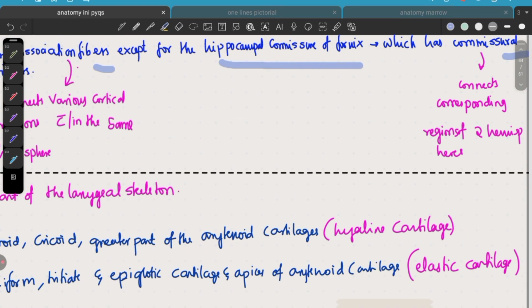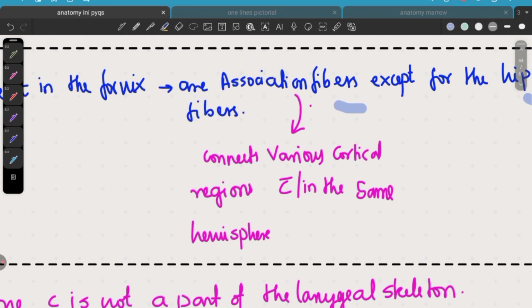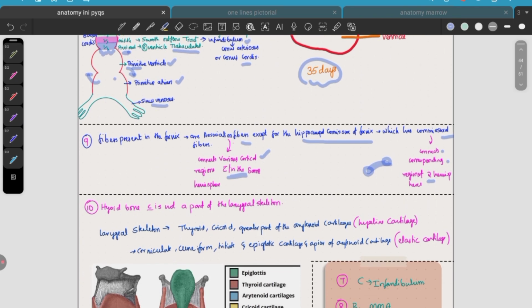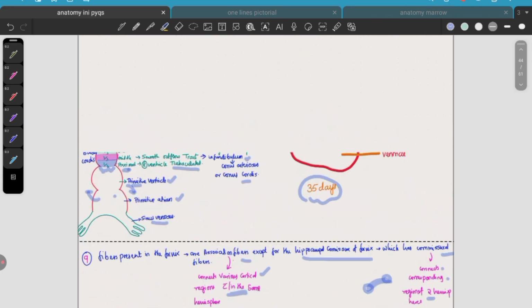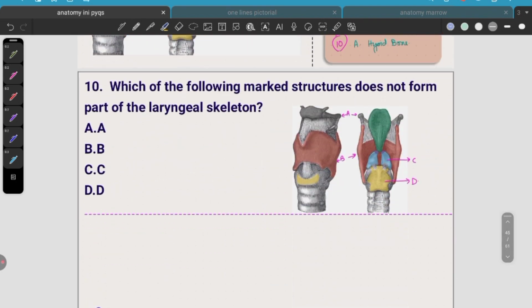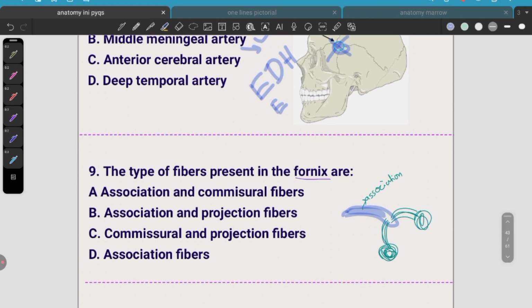It connects the corresponding regions of the two hemispheres, whereas association fibers connect various cortical regions within the same hemisphere. Okay, various cortical regions but the same hemisphere. Next, coming to the 10th question. So answer for this is A.